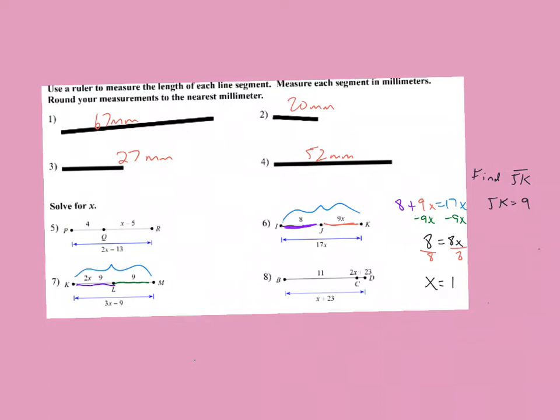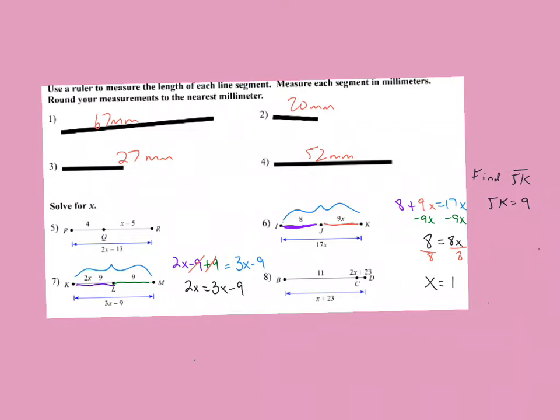So I'm going to have 2x minus 9 plus 9, because that's the green piece, equals the whole piece. So we're always going to put the whole piece after the equal sign by itself. Now I have the 2 pieces together, adding them to give me that. So this is going to work actually really easily. Look, if we notice negative 9 plus 9, that's going to cancel. Those cancel. All right, so we end up with 2x equals 3x minus 9.